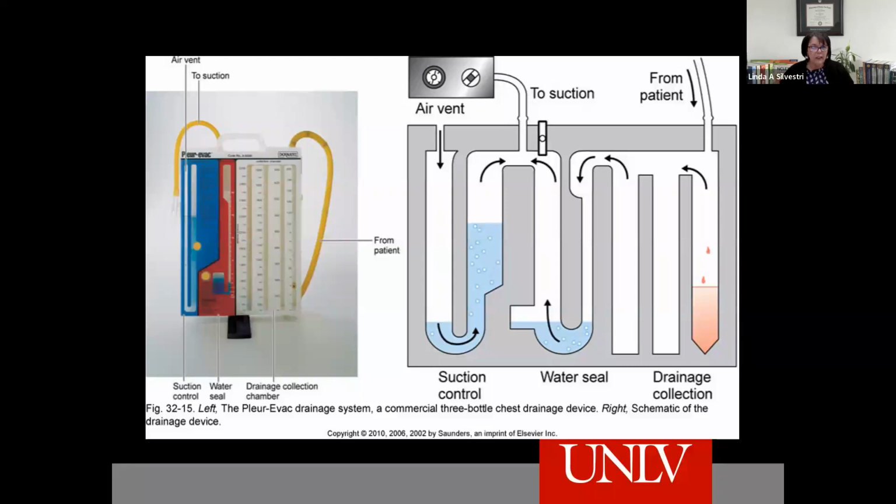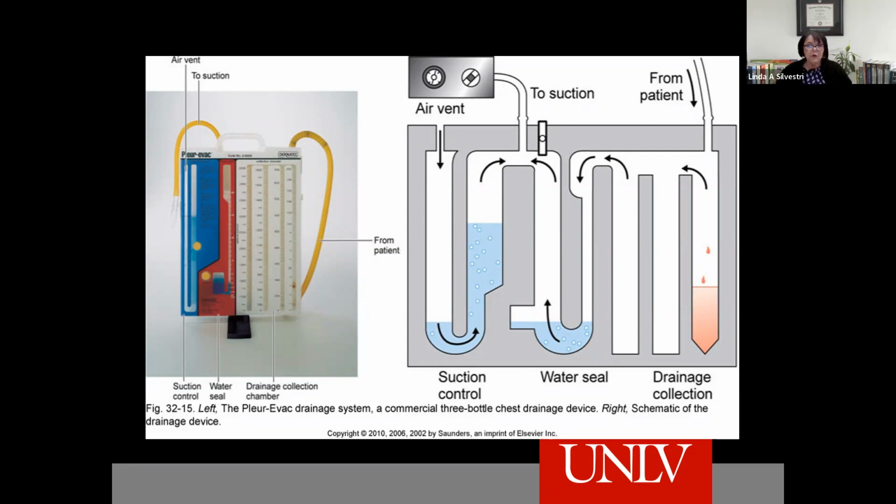Let's talk about the drainage chamber first, which you can see there in the picture. The drainage chamber collects the drainage, and that big yellowish colored tube from that drainage collection chamber will be going to the patient or coming out of the patient, whichever way you want to call it.